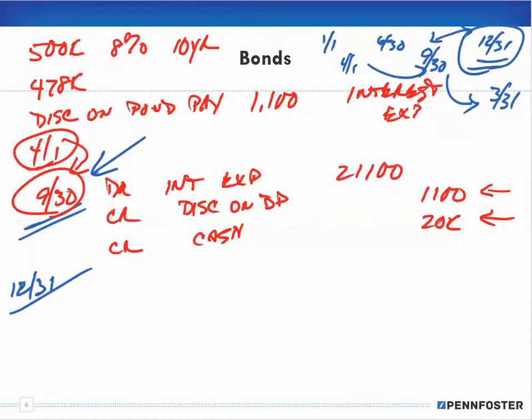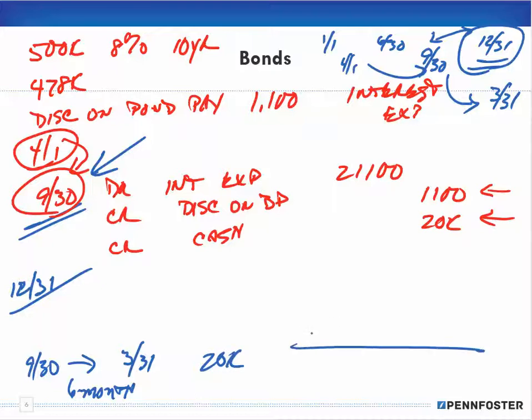Well, between 9/30 and 3/31, which is 6 months, the next coupon payment, we're paying $20,000 in interest. Well, on a timeline, here's 9/30, here's 3/31, and this is 12/31, right?